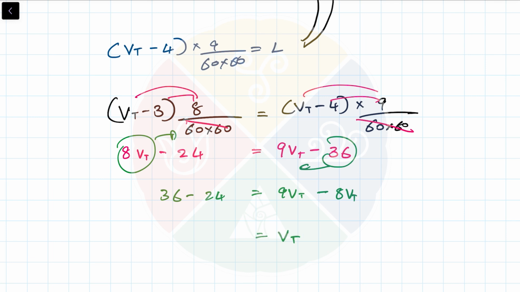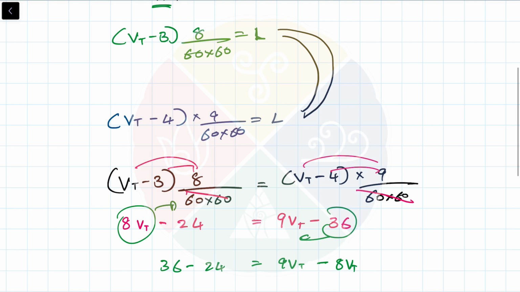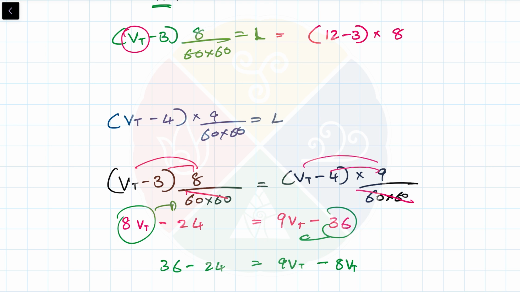The velocity of the tram is going to be 36 minus 24, which is 12 kilometer per hour, because that is the unit we used. Once you find the velocity of the train, you can find the length by substituting this value. Instead of Vt, it becomes 12 minus 3 into 8 by 60 into 60.